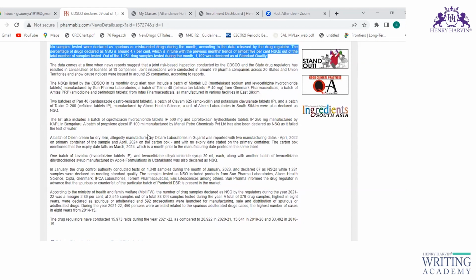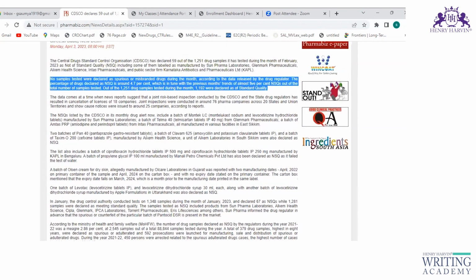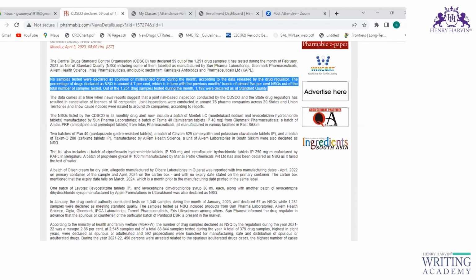That is, no samples tested were declared as spurious or misbranded during the month. According to the data released by the drug regulator, the percentage of drugs declared as NSQ is around 4.7%, which is in tune with the previous month's trend of almost 5% NSQs out of the total number of samples tested.